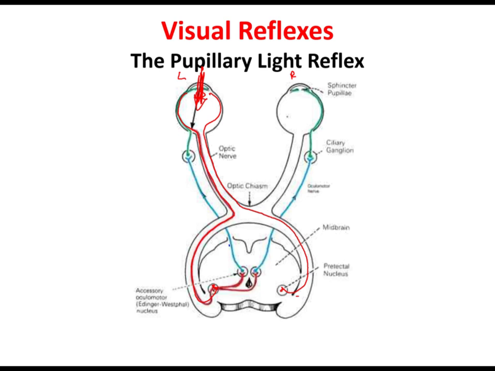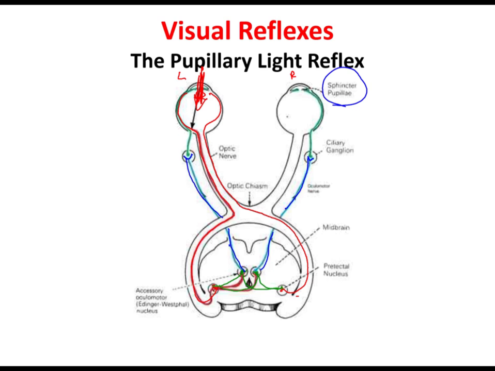Now from the pretectal nucleus, we have activation. So now there's bright light from both the left and the right-hand side. And now we have activation of the Edinger-Westphal nucleus. And in response, the Edinger-Westphal nucleus, both on the left and the right side of the body, sends signals to the sphincter pupillae muscle. They increase their activation, and the muscle constricts, and we have pupillary constriction.